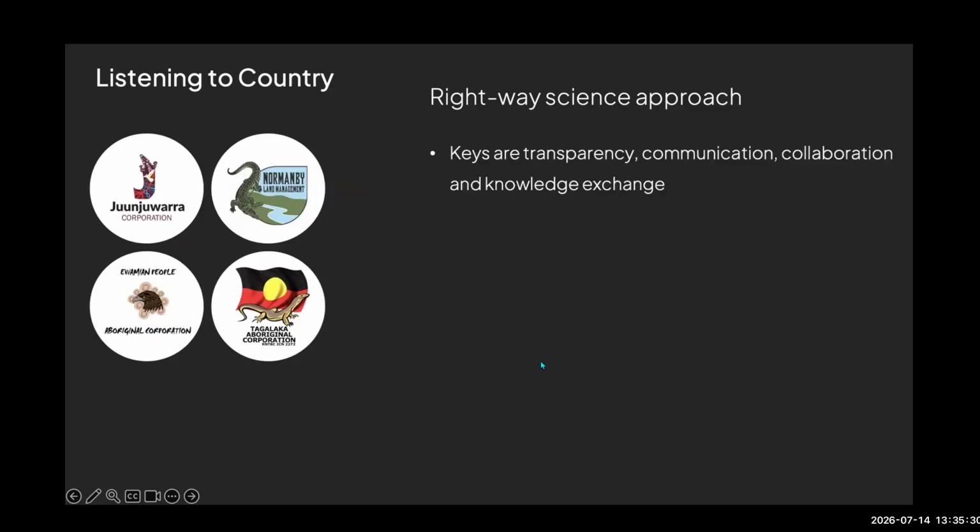So it's really important that we're very transparent. There's a lot of communication and collaboration going on, and a knowledge exchange. It's really important to build these relationships based on trust and mutual respect. And ultimately, the ranger groups are conceptualizing the research ideas, and they're there to collect data.